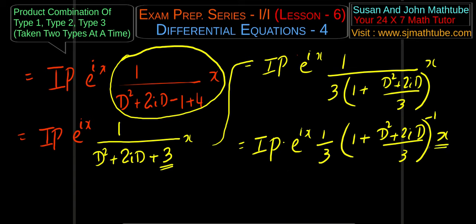It's an infinite series, but the polynomial is of degree 1. That means second derivative onwards the answer will be 0. First derivative of x is 1, second derivative onwards the answer is 0, 0, 0.